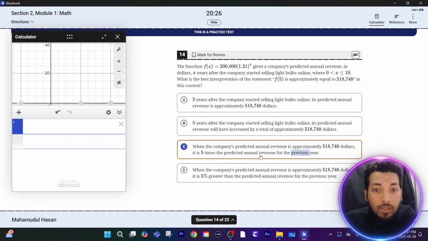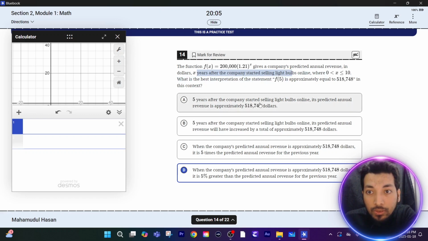That's not correct. Option D says when the company's predicted annual revenue is approximately $518,748, it is 5% greater than the predicted annual revenue for the previous year. So options C and D are not right because x is representing the years after the company started selling light bulbs online.